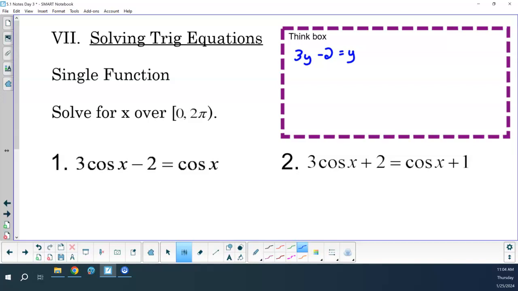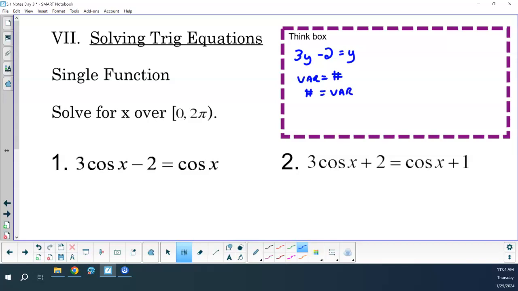But in the abstract world now, what are you trying to do? Get y all by itself. Get your variable all by itself. So what you're trying to do is get variable equals number, or number equals variable.